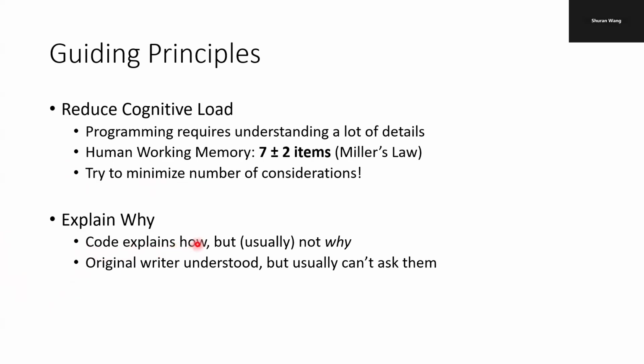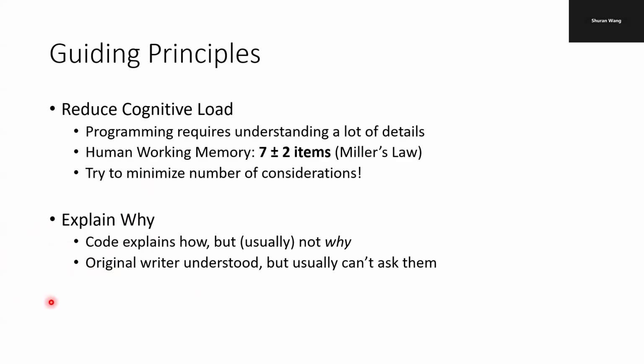Your code explains how you're doing things, but usually not why. So you need to write down why in your comments or in the other aspects like variable names. The original writer knew why you wrote the code like that, but usually you can't ask them or the original writer might forget about it.